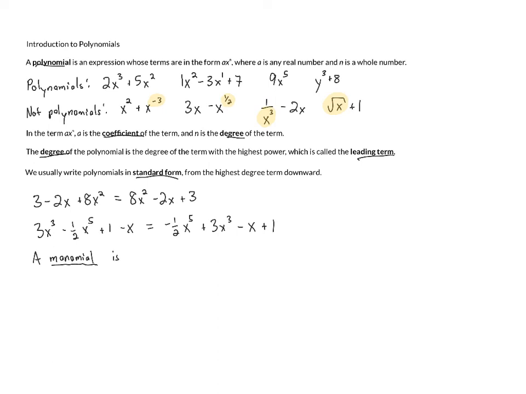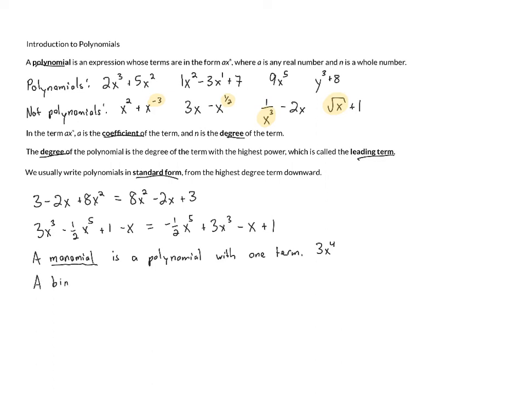A monomial is a polynomial with one term. And an example might be 3x to the fourth. Just one term. We call it a monomial. It's also still a polynomial, but we have a special word for the ones that only have one term.